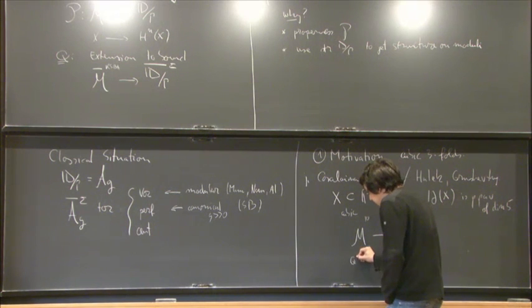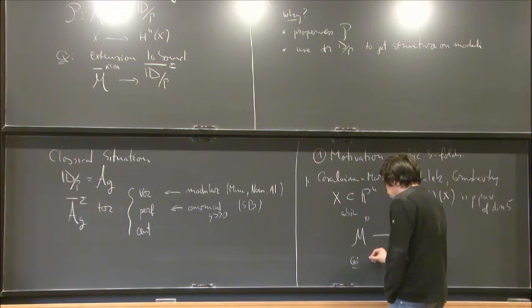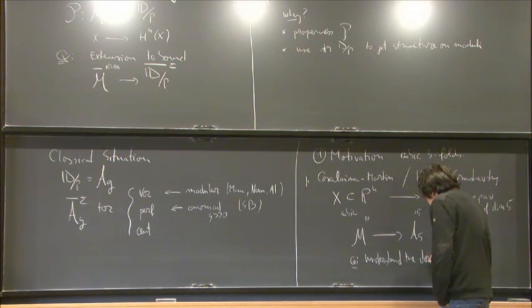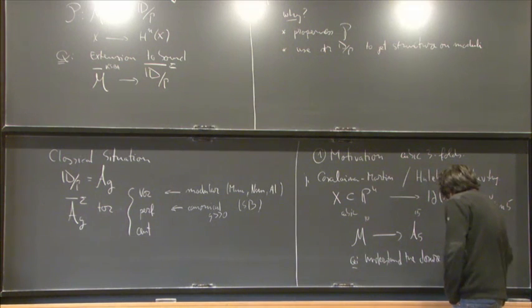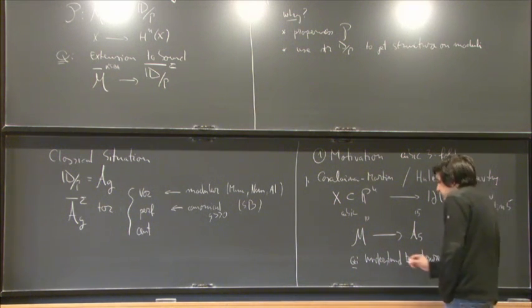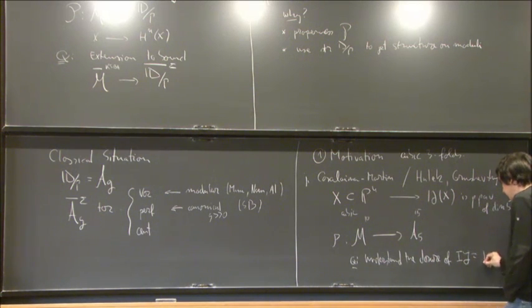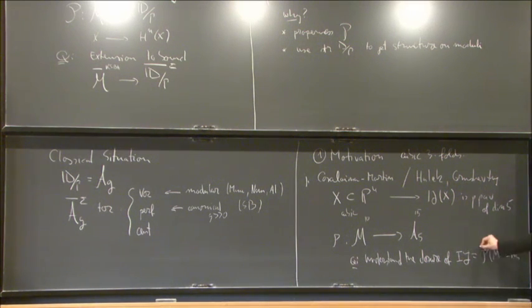So the question that interests me is basically to understand the closure of the intermediate Jacobian locus. If I call this one P, this is P of M inside A_5, maybe compactified and maybe the closure here.